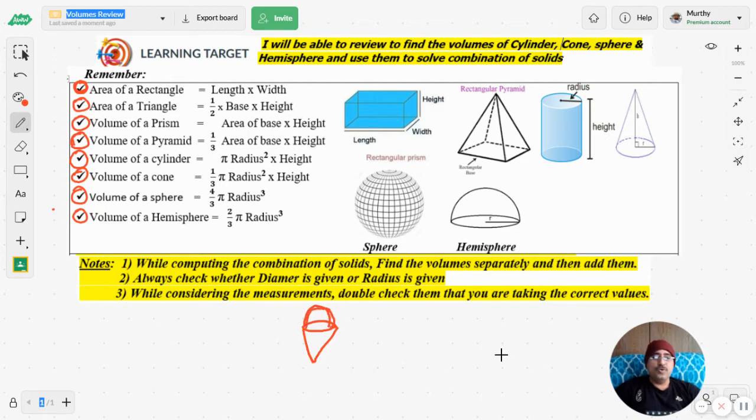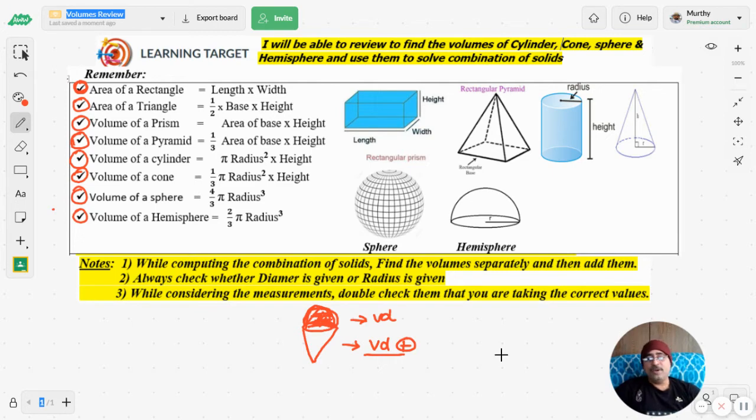You have to find the volume of the hemisphere and the volume of the cone separately, then add them. So these volumes are computed separately, then added, and you get the total volume.